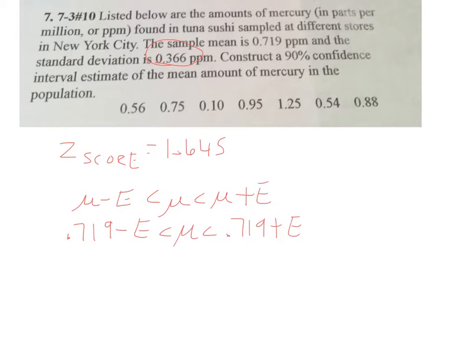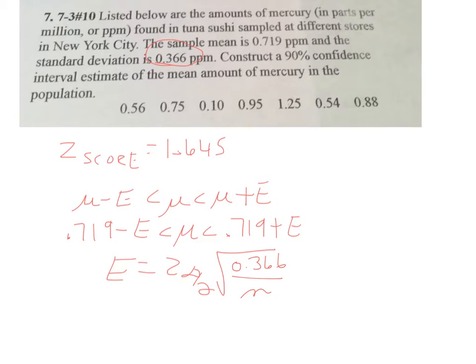So the only calculation that you have to do is the error calculation, and that's your Z of alpha over 2 times the square root of your standard deviation, which they give you as 0.0366, over n.